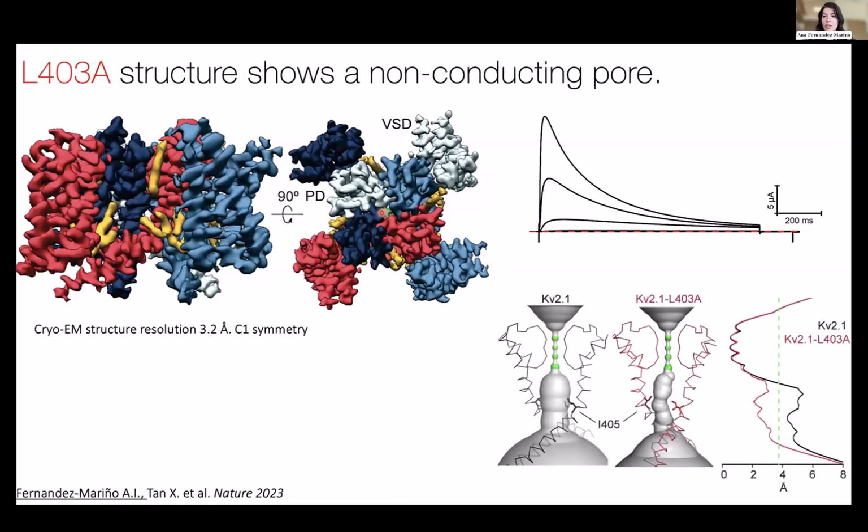We solved the structure using C1 symmetry because L403A was an asymmetric structure. And that asymmetry within the pore region presented a constriction around isoleucine 405 that was not compatible with the permeation of potassium ions. So we thought we had actually solved the structure of the inactive state.